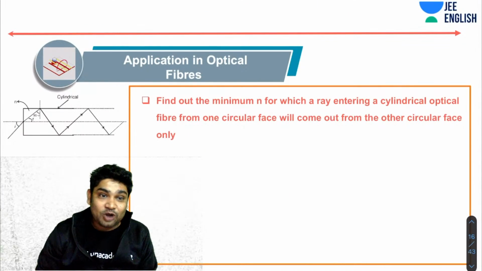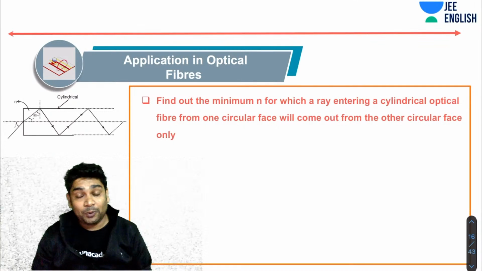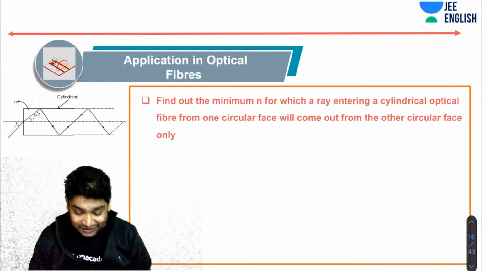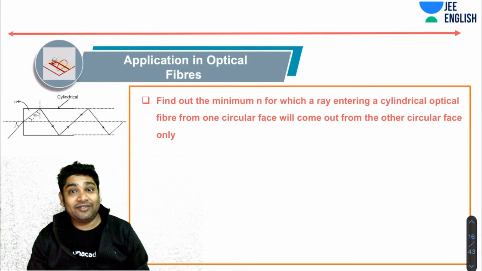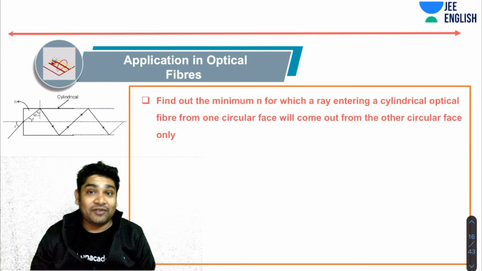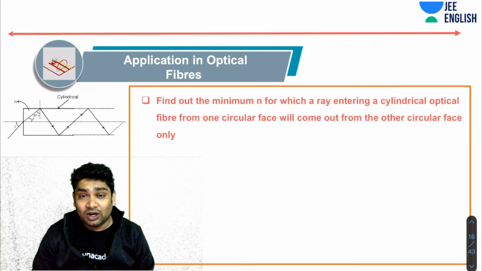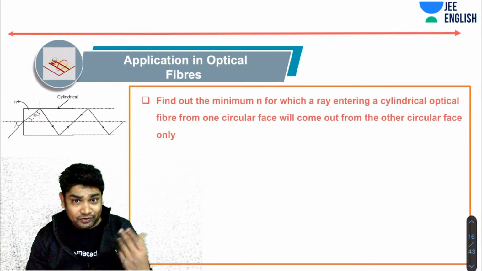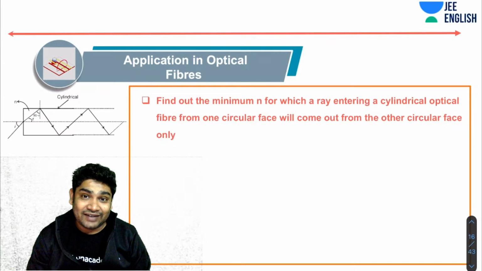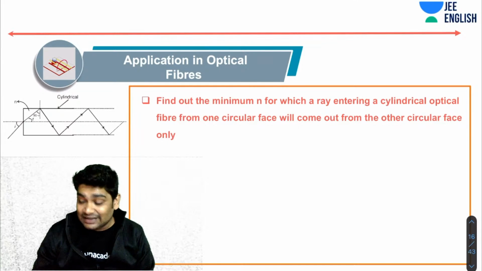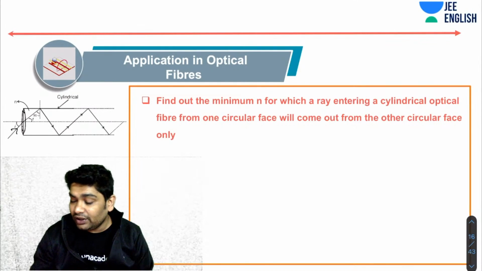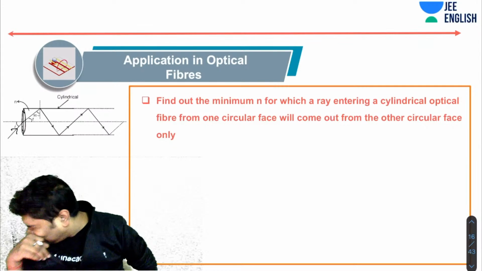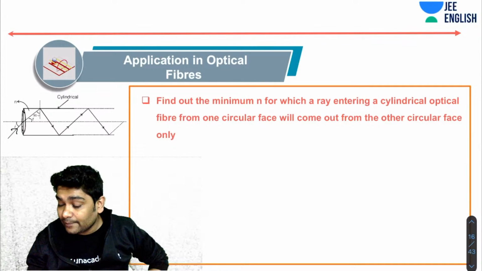Now, another application of critical angle would be in optical fibers. So you know that most of your internet and communication is happening at a very fast pace with the help of optical fibers. And the optical fibers work on the principle that if you can ensure a particular refractive index, then you can send light signals here, and any light signal that enters this circular face can only come out from another circular face.